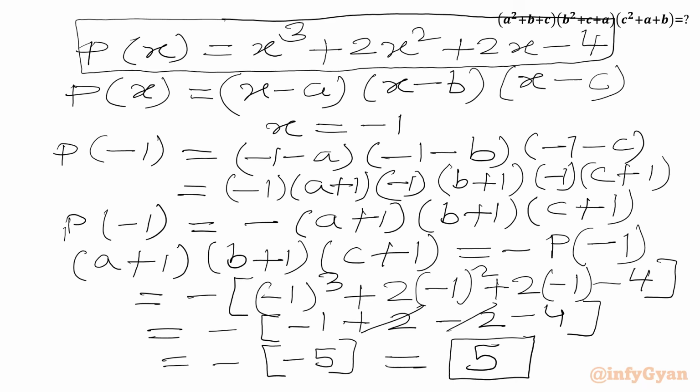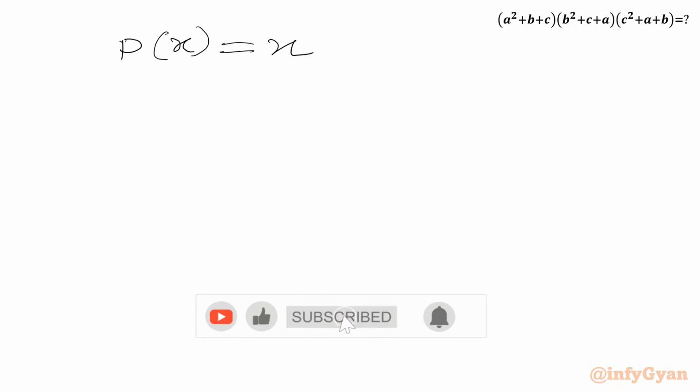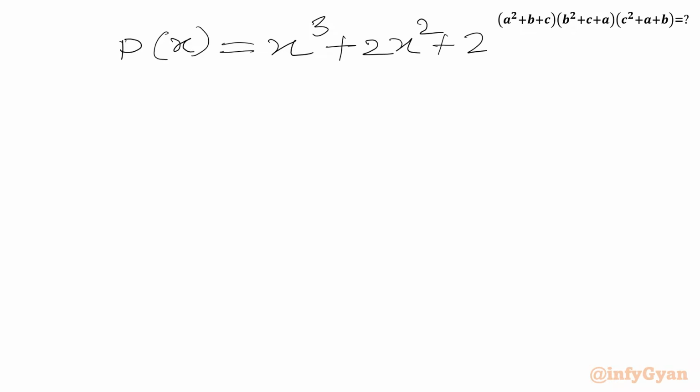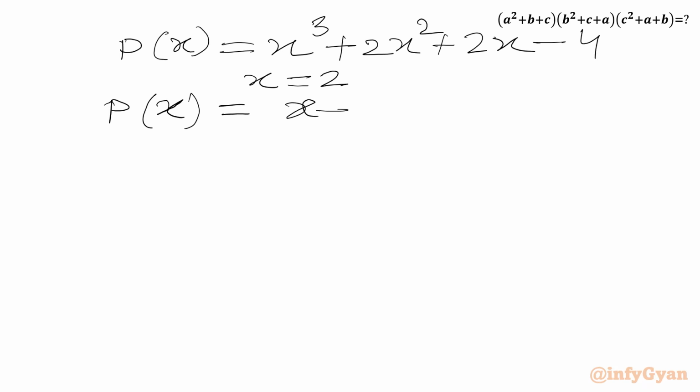Now our target is to find a minus 2, b minus 2, c minus 2. So I will write here P of x, which is equal to x cube plus 2x square plus 2x minus 4. Now we are going to plug in x equal to 2. So I will write here P of x first in the product form of the roots, x minus a times x minus b times x minus c.